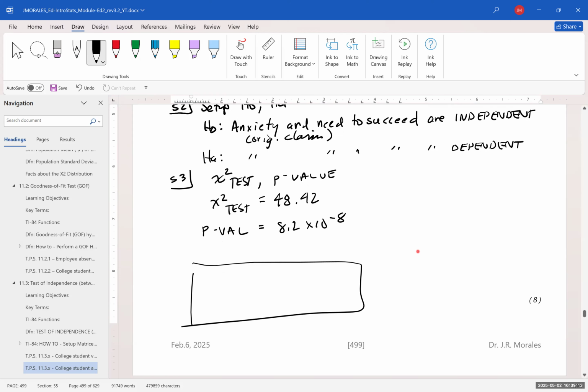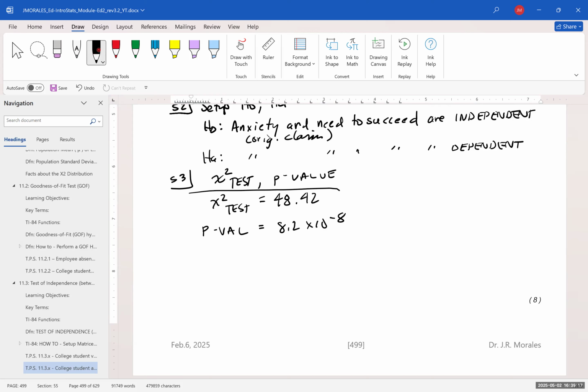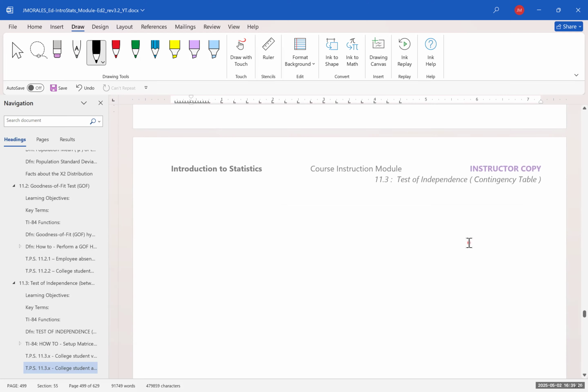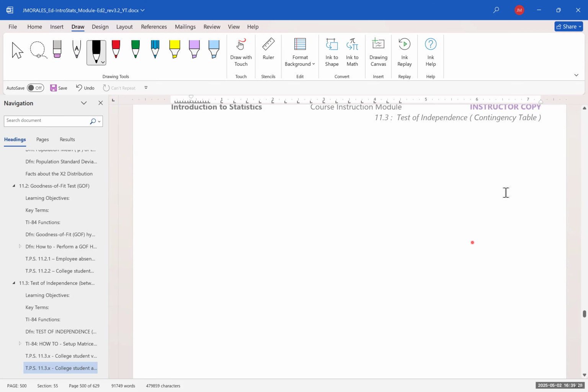Let's keep going down. All right, so let me go ahead and write these values down.